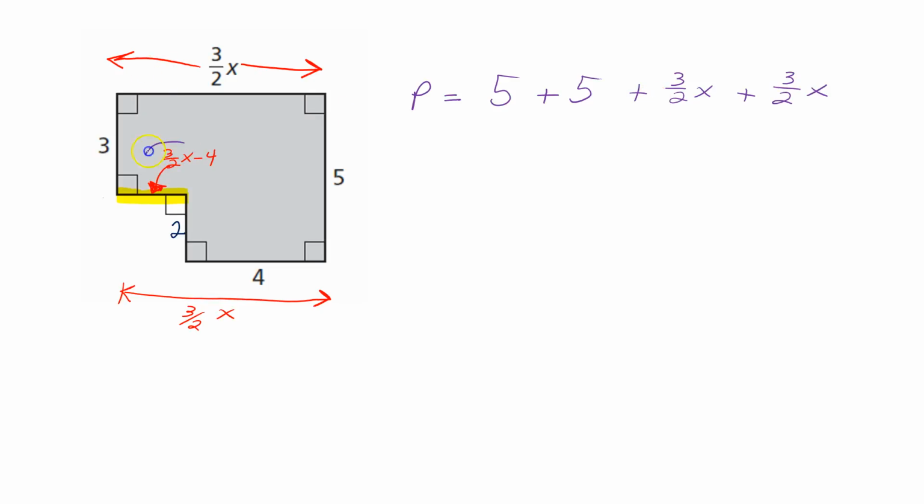So we don't even really need to use this or this. We just need to know that these sides add up to 5 and these sides add up to 3 over 2x.